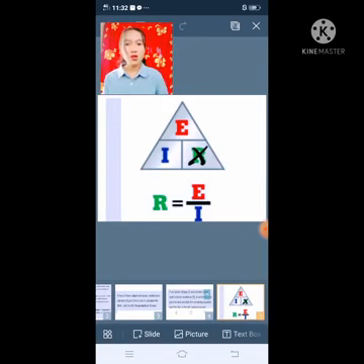So, we are going to X out the R, so we are going to cross out the R. So, the formula is R is equal to E over I, or resistance is equal to voltage over current.